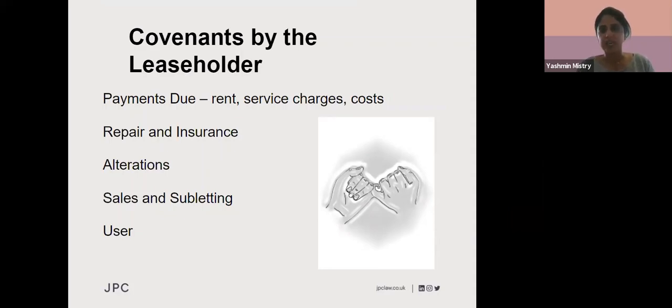So that's the cost of the accountants or the auditors to put together the service charge accounts effectively, or the cost of an on-site caretaker, all of those kinds of costs, the uniform costs of staff on site. It will have those kinds of obligations within, and they will be contained within the leaseholder's covenants. There'll also be the covenant for the leaseholder to maintain and repair their property.